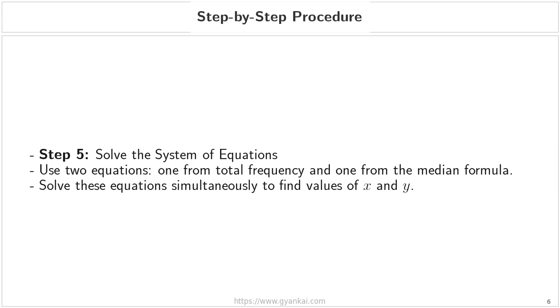To find the values for both x and y, you will need to solve these two equations simultaneously. This means you'll use the value you just discovered to substitute back into your first equation, allowing you to isolate and find the remaining missing frequency. In the next few slides, I will show you exactly how this looks in practice using a real-world example.